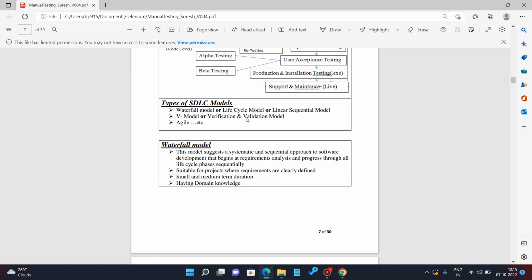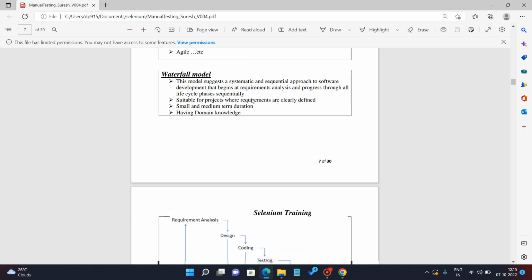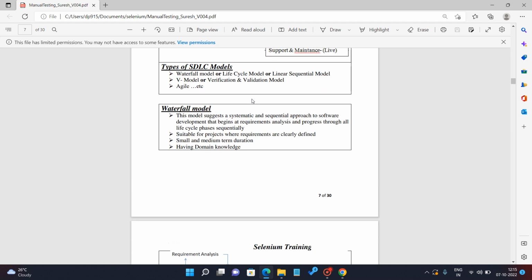Now the types of SDLC models. There are many types of SDLC models, but three major ones are booming. First, the waterfall model, which means the linear sequential model and life cycle model.